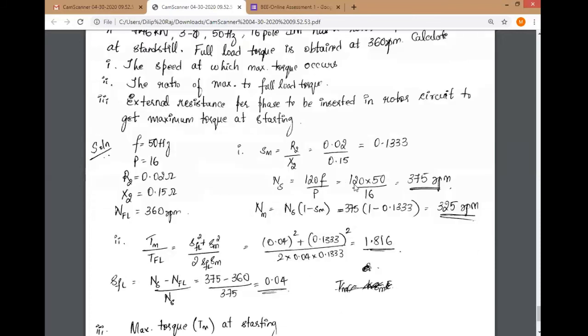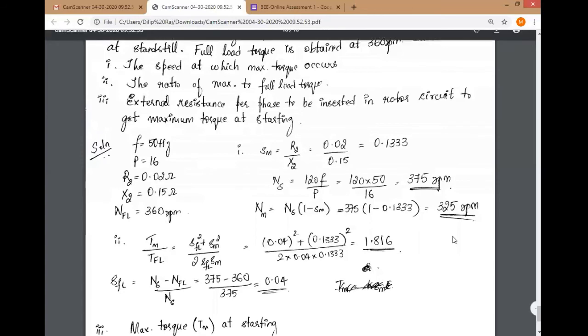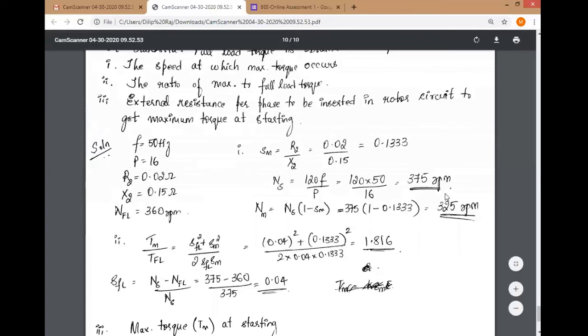Now to calculate speed, the motor speed is given by Ns into 1 minus Sm. Ns is given by 120 F by P, so 120 into 50 by 16, as per the data given. We get the synchronous speed as 375 rpm. Substituting all these values, the speed corresponding to the maximum torque is 325 rpm. That was the first parameter.